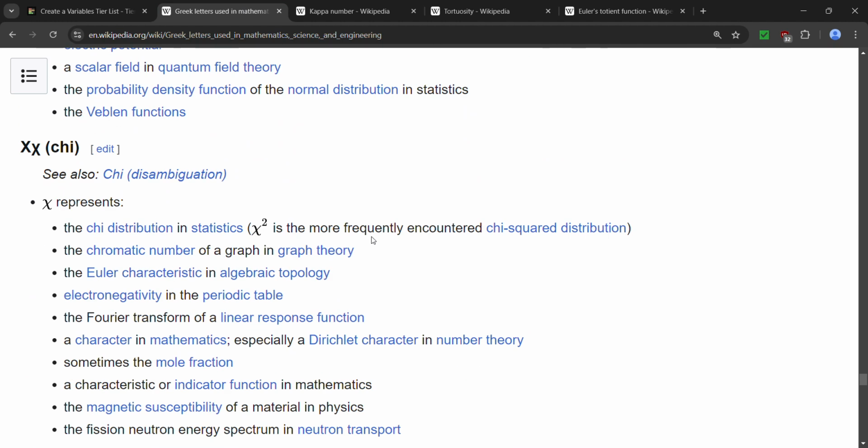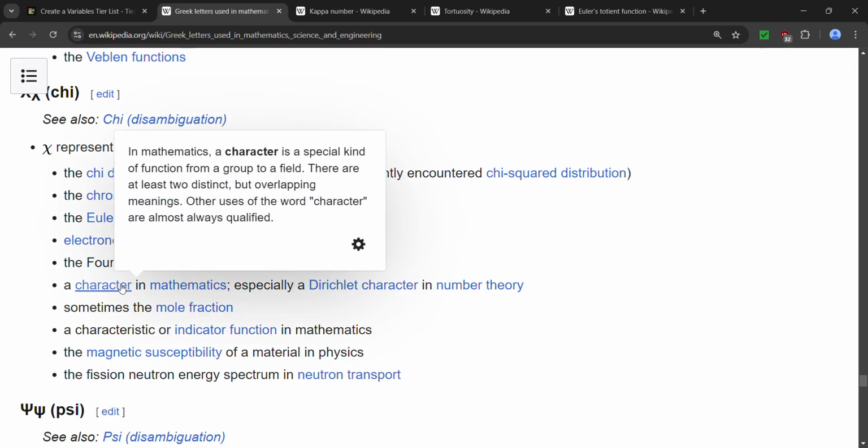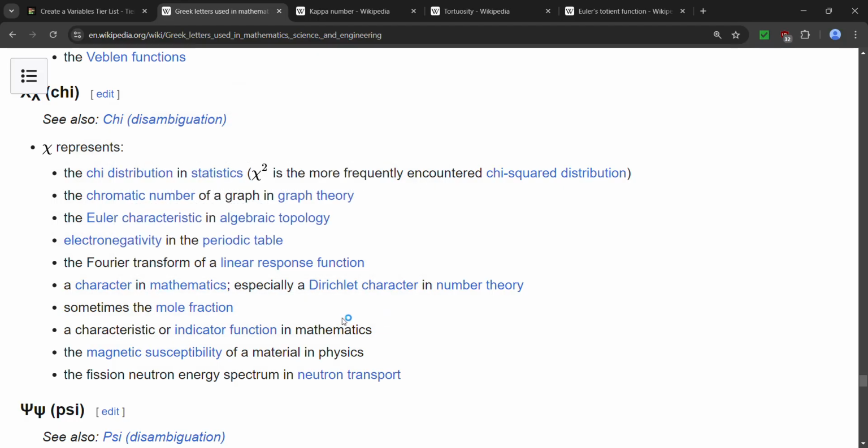Let's look at chi if it has anything. I don't think it does. Chi squared, I guess that's something. Electronegativity, okay. A character in mathematics. Cool. Mole fraction indicator. Okay.